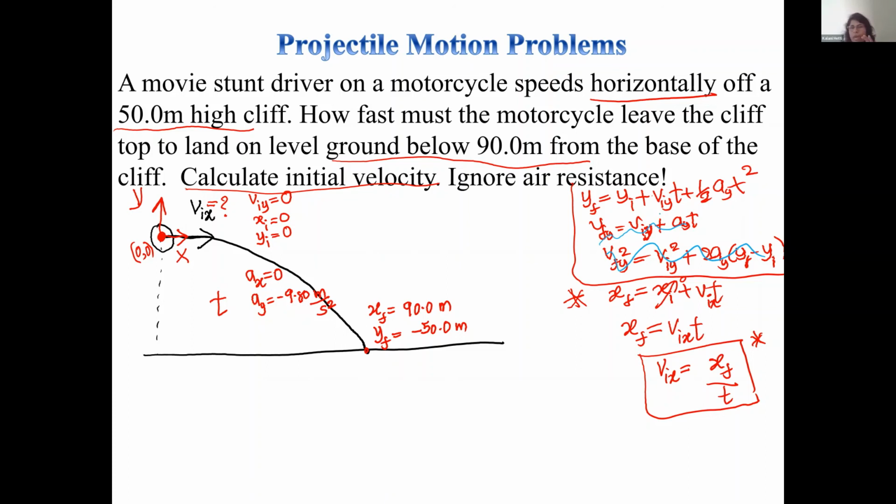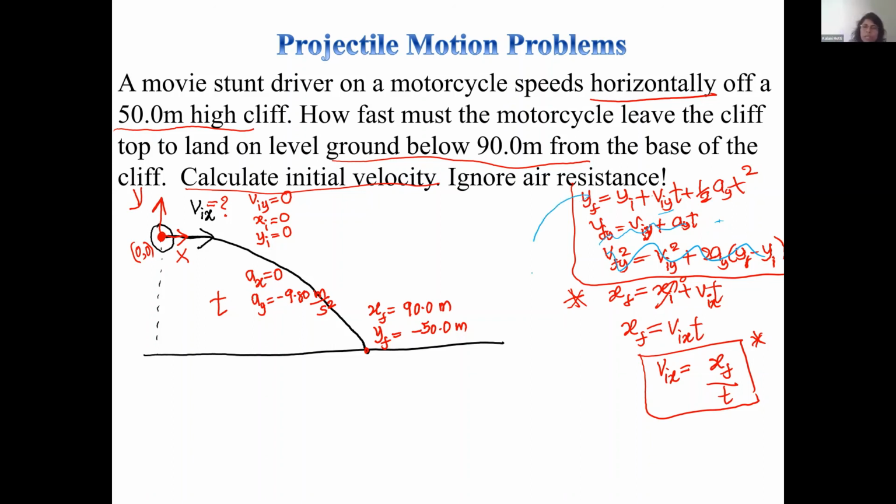Sometimes if v initial y is not 0, this formula gives you a quadratic equation that will be hard to solve. In that case, go to one of the other equations and find another parameter, then go back to your first equation and plug in. You need to make it simpler for yourself. Don't make it complex, then it's going to be a problem.